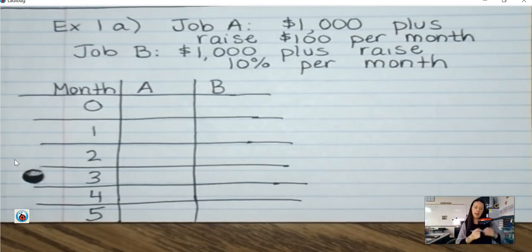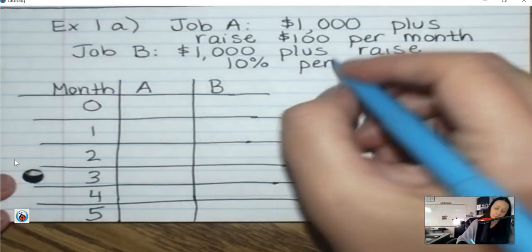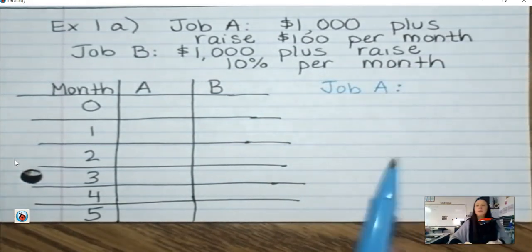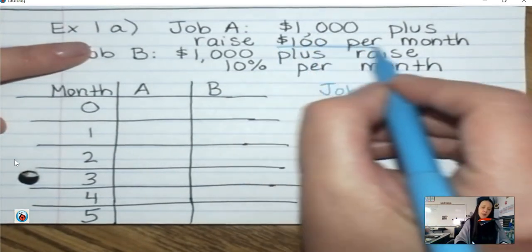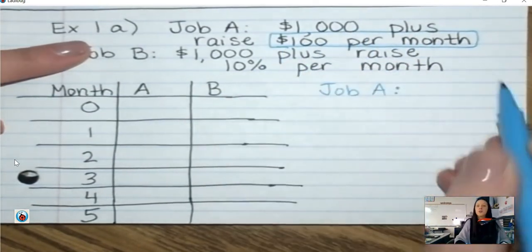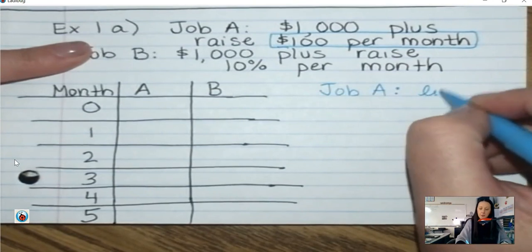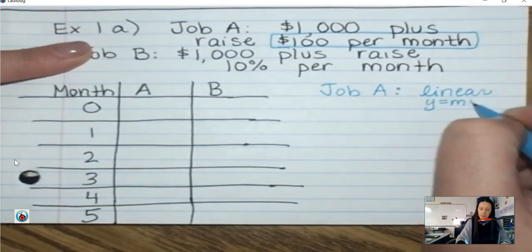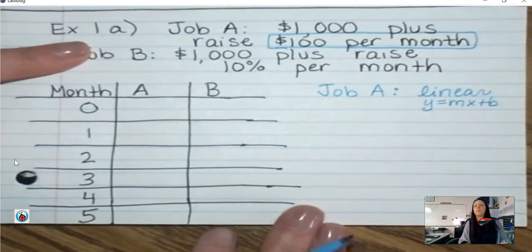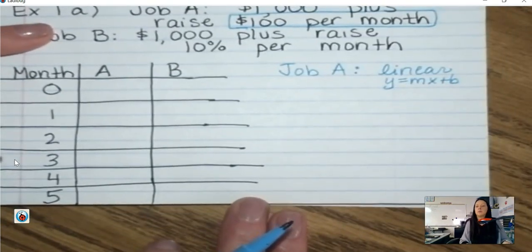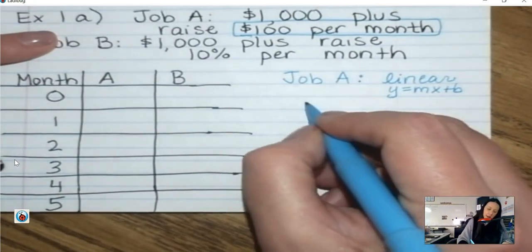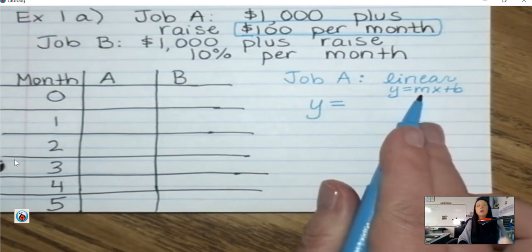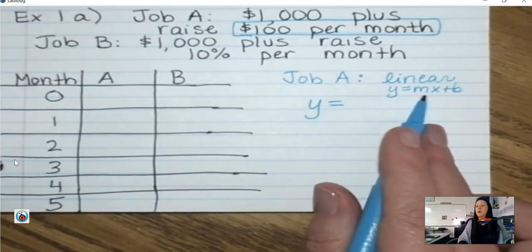Okay, let's do job A first. Job A is $100 per month, so job A is going to be linear. So job A is going to use y equals mx plus b. So the equation for job A will be y equals, slope is how much the raise is, or how much it's changing per something.